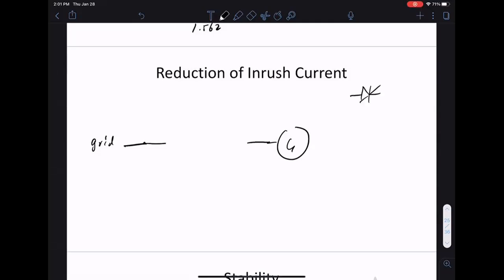Oh, close, right? So we put in a thyristor. What you can do is put in a switch that controls when you want to bypass this, but then you put these thyristors back to back.